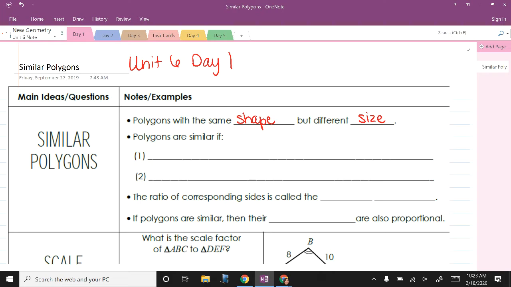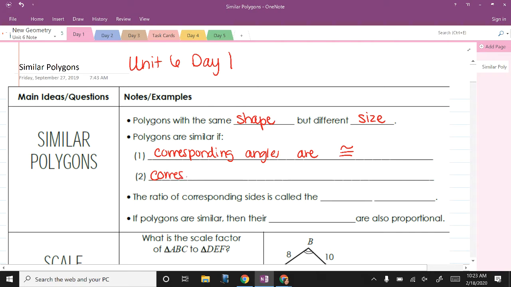So polygons are similar if corresponding angles are congruent. Corresponding angles are congruent, and corresponding sides are not going to be congruent.